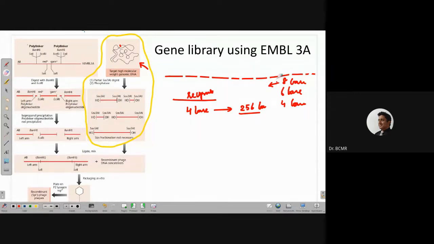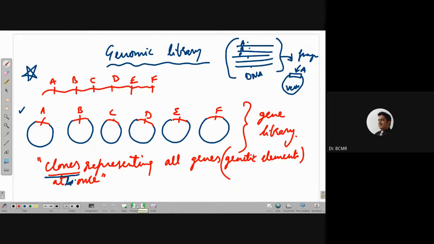Okay, because we have phage vectors. Why we don't want it very small is you have to increase the number of clones. What I mean by this is, in the previous one, let me go to this. What is the minimum number of clones that should be there for this genome to be represented in a gene library?